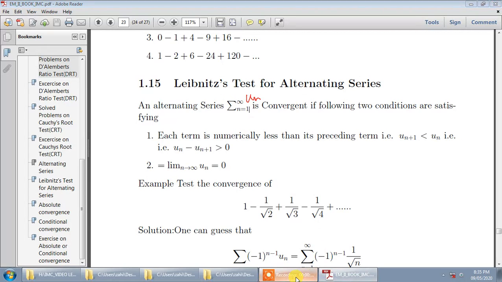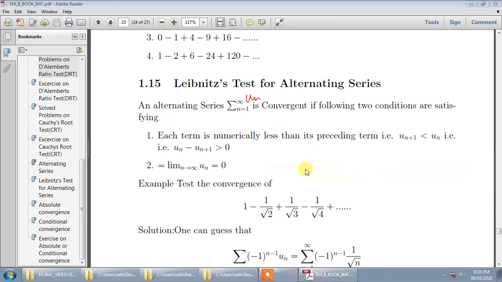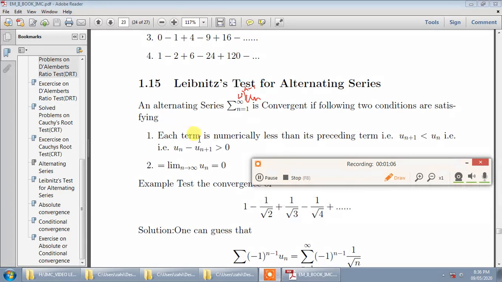Even in some textbooks you will find that it is (-1) raised to n minus 1. So you can have even (-1) raised to n minus 1.